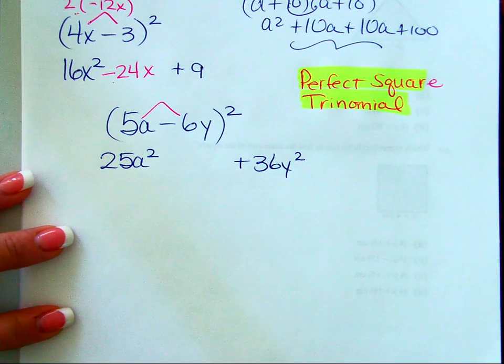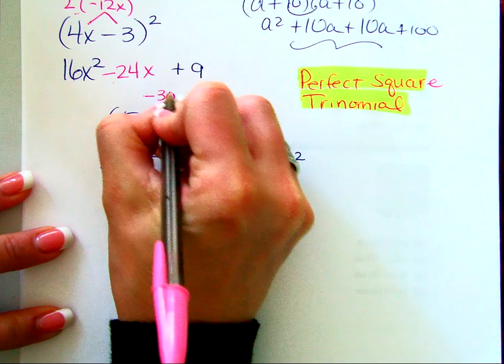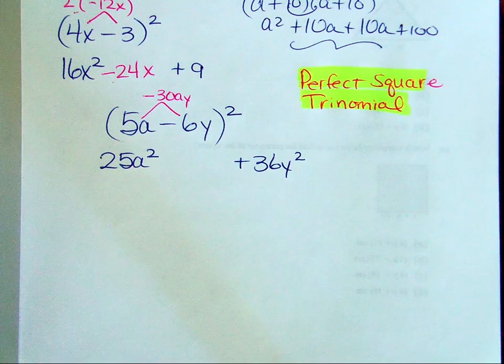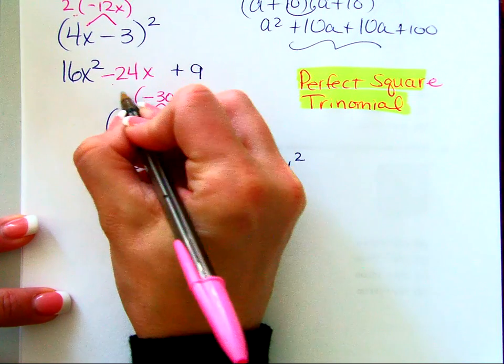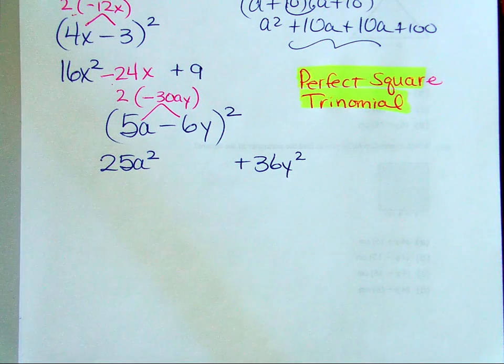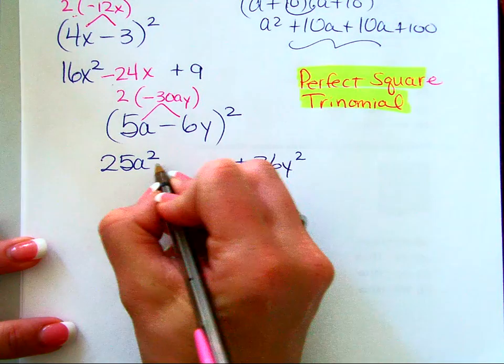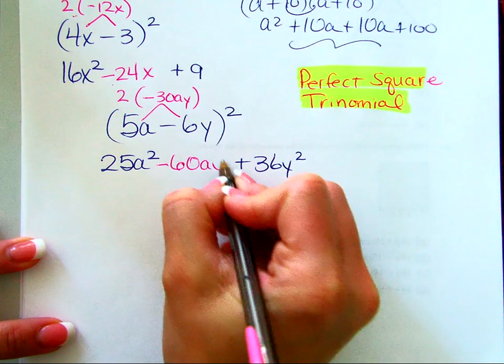What is 5a times negative 6y? Negative 30ay, and double that, and you get negative 60ay.